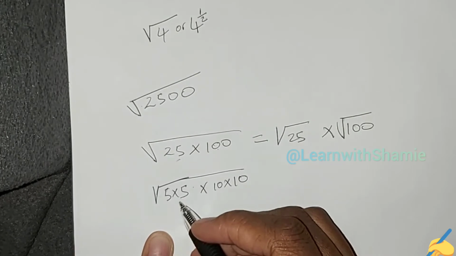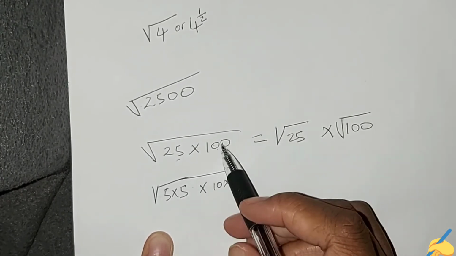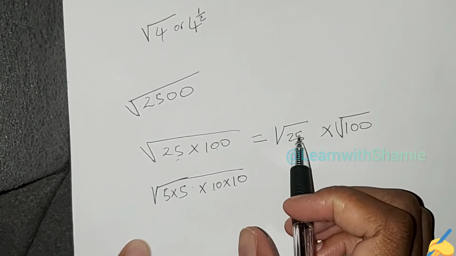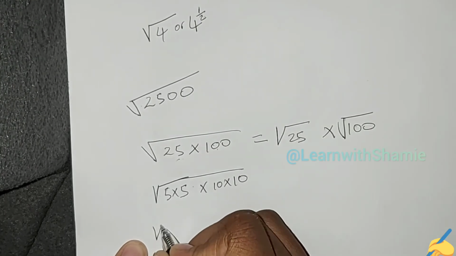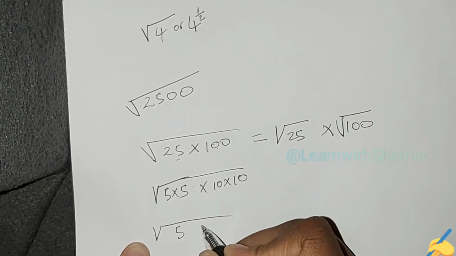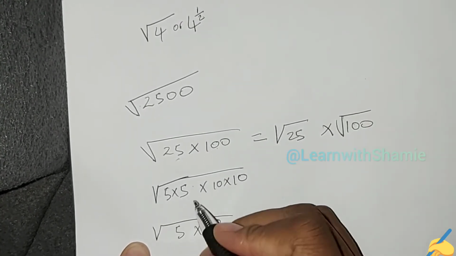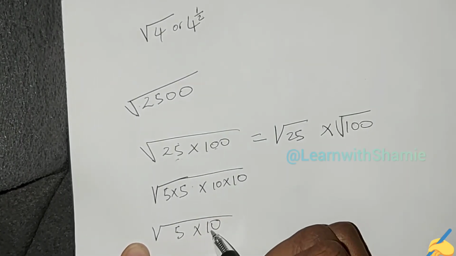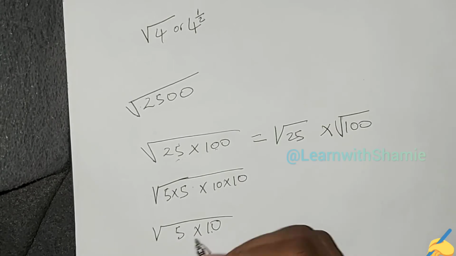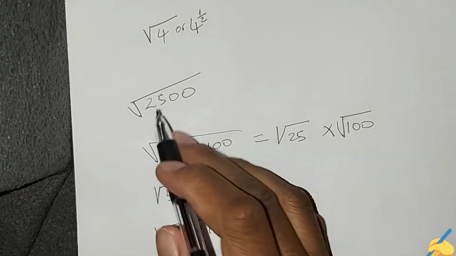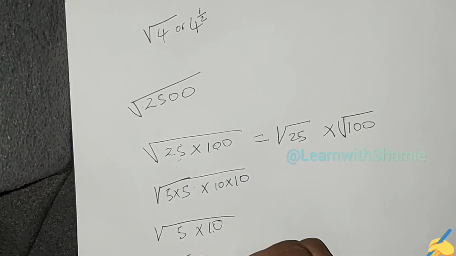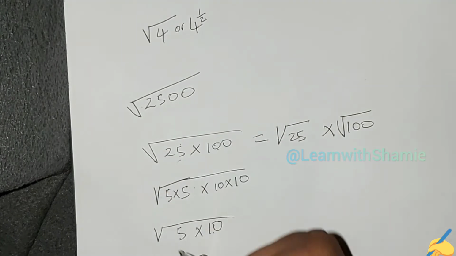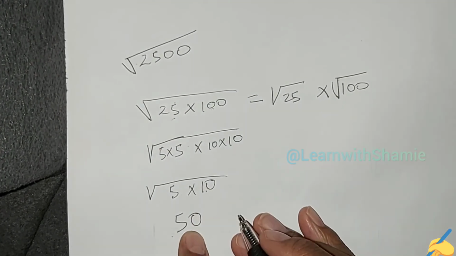So 5 times 5, you know that is 25, and 10 times 10 is 100. So you're simplifying. So 5 times 10. So the square root of 25 would be 5, and the square root of 100 would be 10. 5 times 10 would be 50. So the square root of 2500 would be 50.